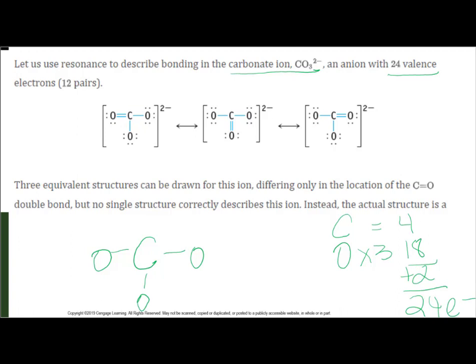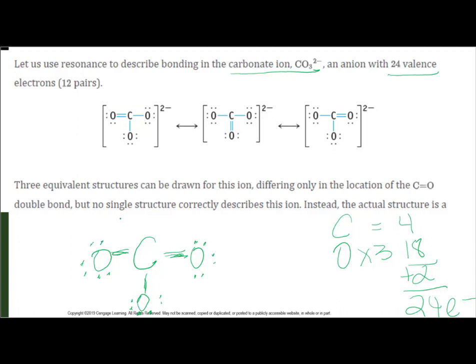Okay, so if I've got carbon as my central atom with 3 oxygens around it, that represents 2, 4, 6 electrons. So let's just start adding in more. So we've got 6, 7, 8, 9, 10, 11, 12, 13, 14, 15, 16, 17, 18, 19, 20, 21, 22, 23, 24.